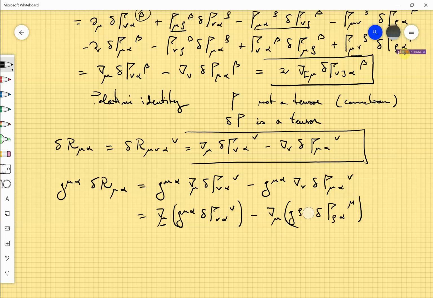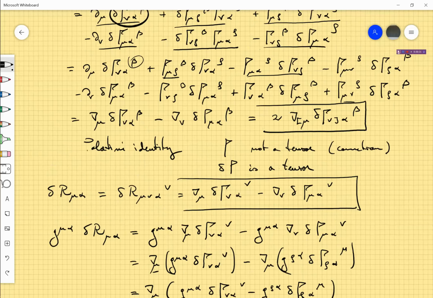Okay, that this is alpha, so this is just nabla of g mu alpha delta gamma nu alpha nu minus g rho alpha delta gamma rho alpha mu.